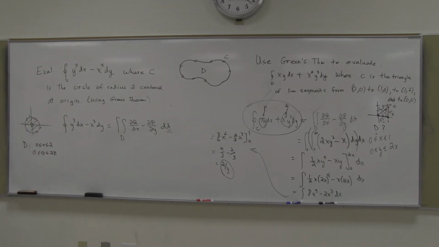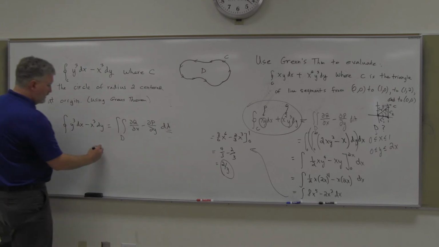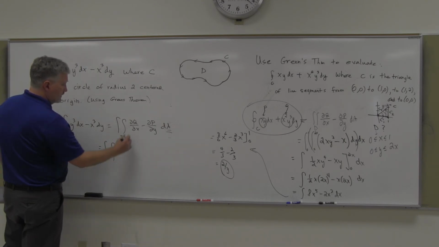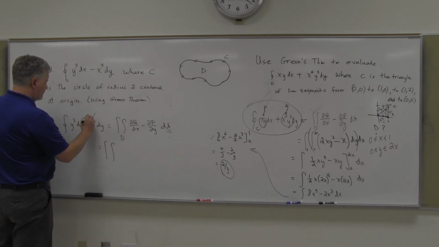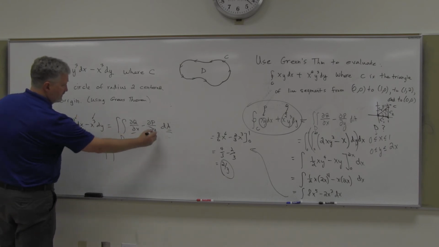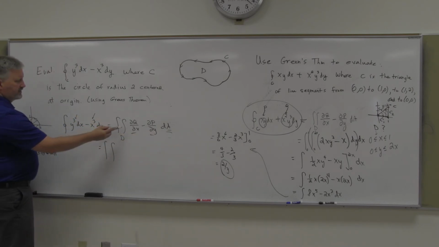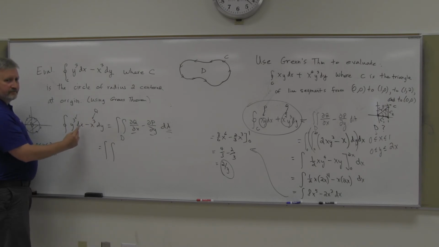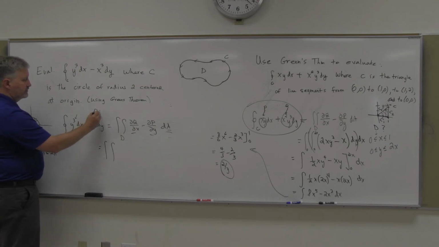All right, now, again, what you have to watch out for on this part of it: the partial of Q with respect to x. So Q is this one. Well, you've got to include the negative. Q is negative x cubed, and P is y cubed.